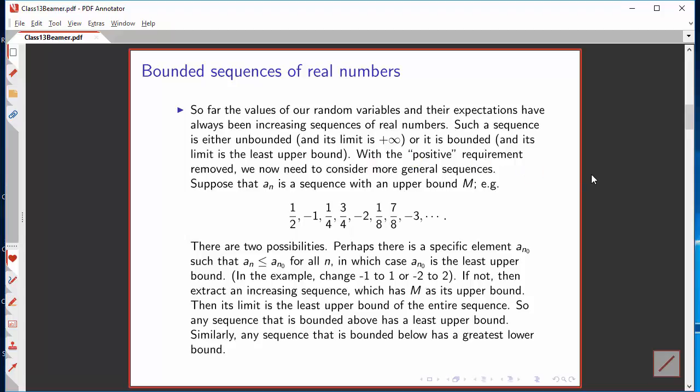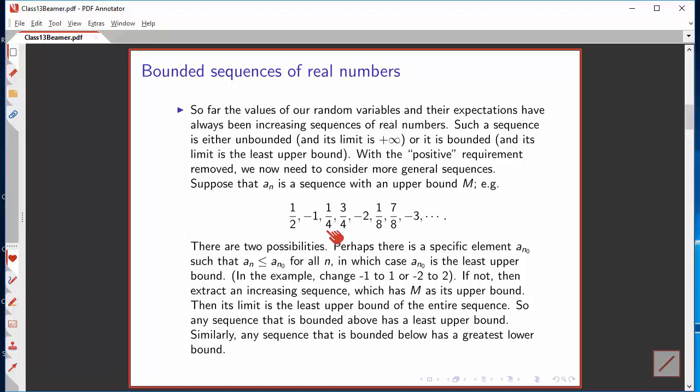But now that we've removed our requirement that our random variables be positive, we have to consider some slightly more general sequences. So let's look at an example, and you can see what I've done here. I have taken a sequence that is 1/2, 3/4, 7/8.